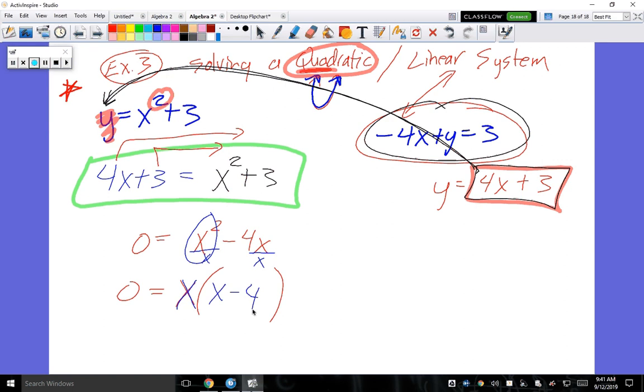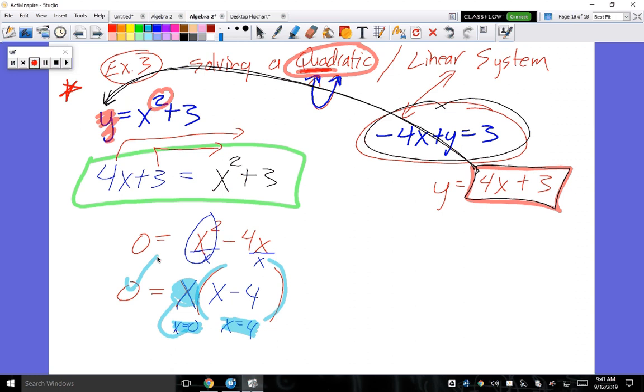So on the graph, x equal to 0 and x equal to 4 are where these things will actually touch the x-axis. Watch me do this. If x is 0, this is 0, and 0 times anything is 0.